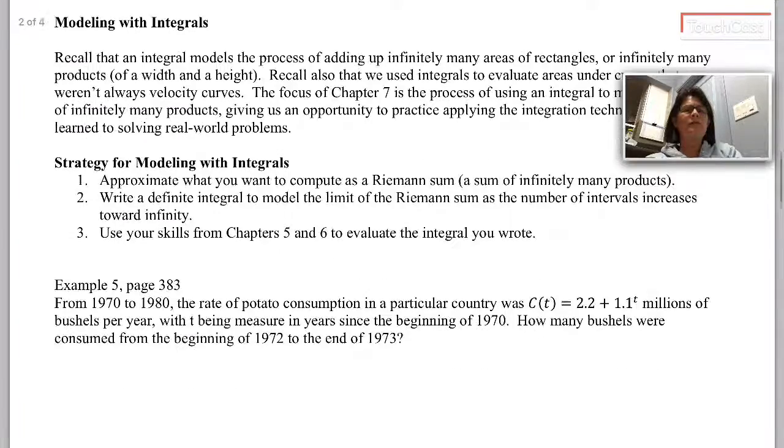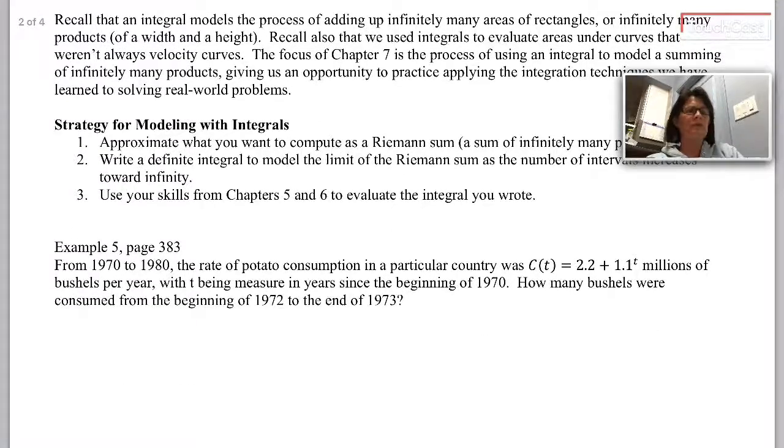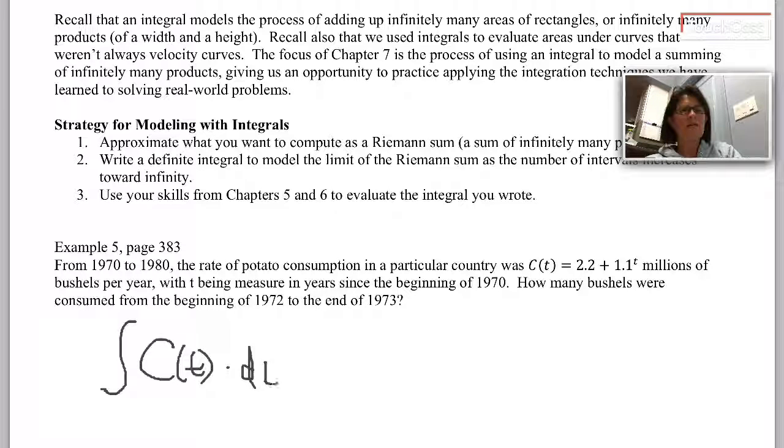Here's the whiteboard. I want to integrate C of t times a very small change in time, which I'm going to call dt. My only other job is to figure out what my limits are going to be.